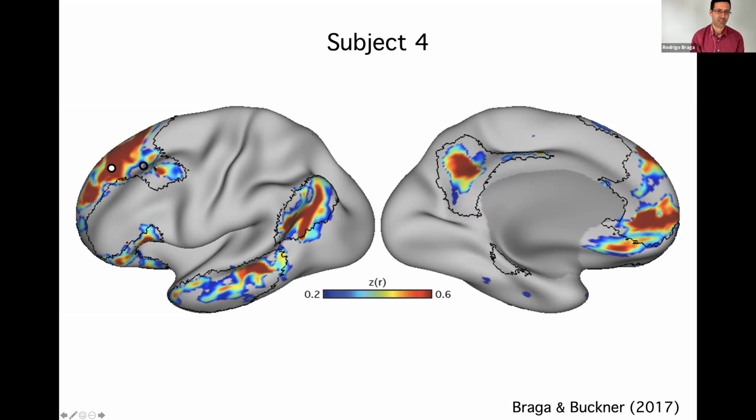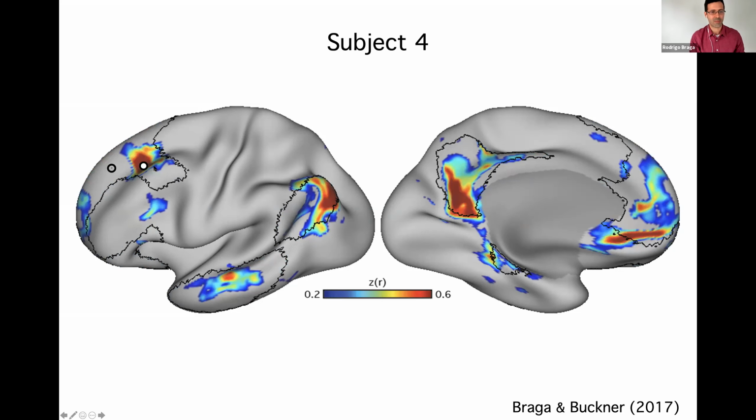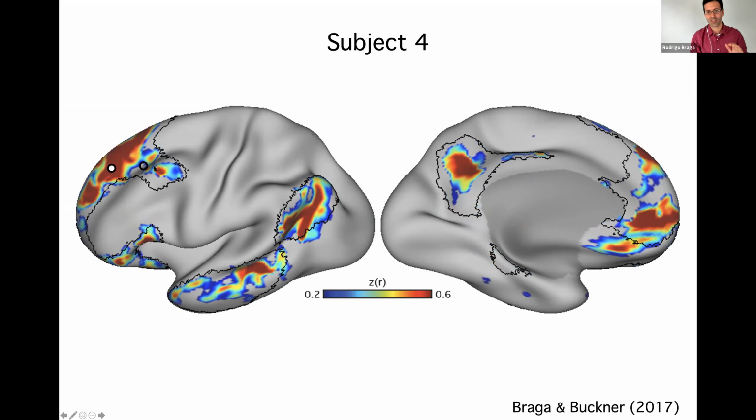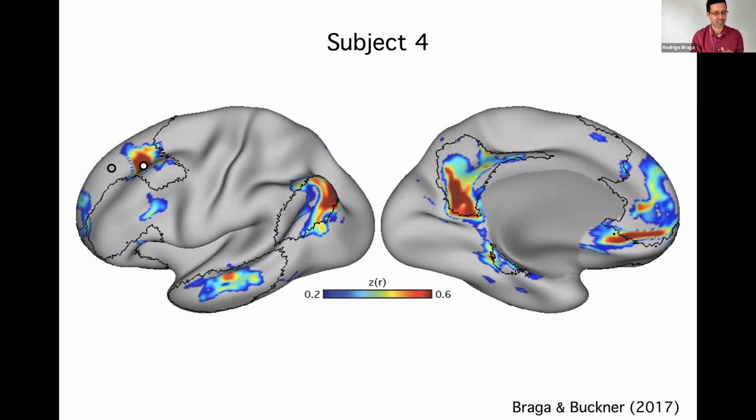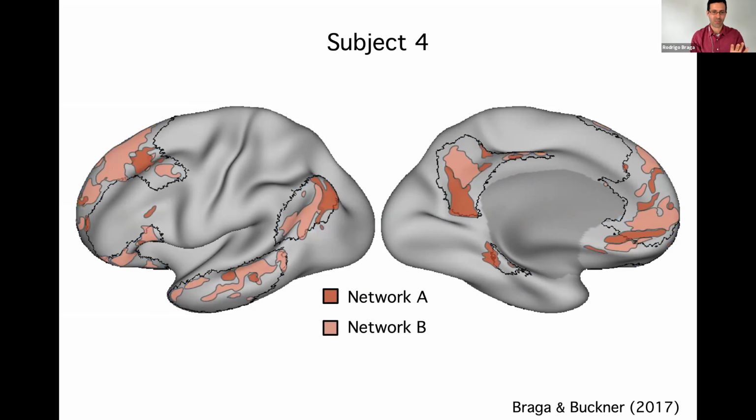But importantly, they occupy distinct regions. So I'm going to flick back and forth between those, so you can see that they're actually occupying distinct parts of the cortex. So these 2 networks are separable, but both of them are within the default network. I'm just going to leave both of those up, one in red and one in pink. We just call these network A and network B, default network A and B, for simplicity.